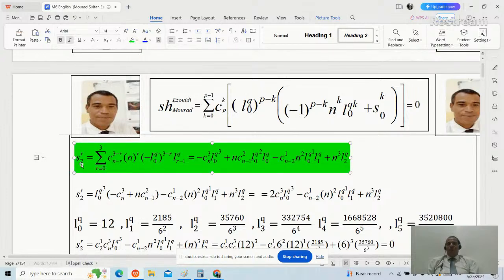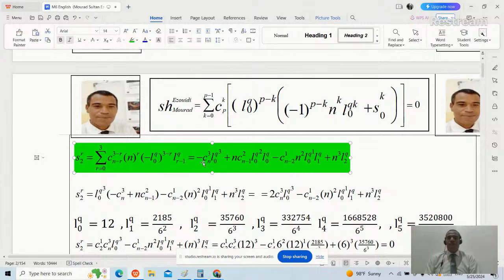Therefore, the formula will be written as S2 equals the sum from R from 0 to 3 of combination n minus R choose 3 minus R, n raised to the power R, times minus L0 of order 3 minus R, L R minus 1 of order q. So this one, everyone can now use, and comes to this fact. This is called the discriminant formula of Mourad Sultan Ezouidi that helps learners, teachers, and professors, even logarithms, find the value of S1 up to 6.